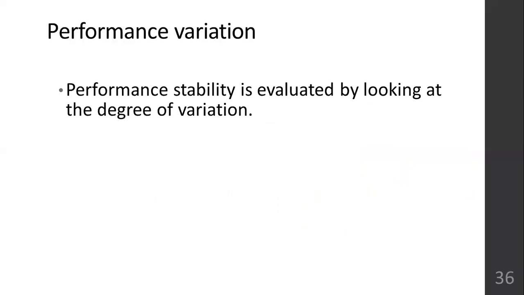But then we have performance variation. Variation means some deviation, something that is not normal, different from the usual. So performance stability is evaluated by looking at the degree of variation.